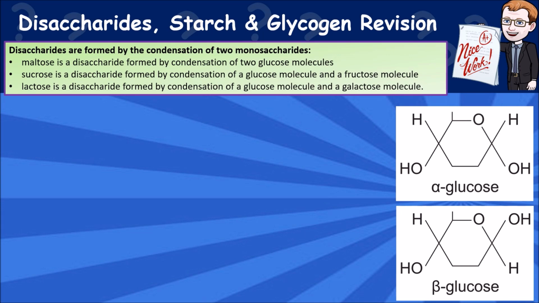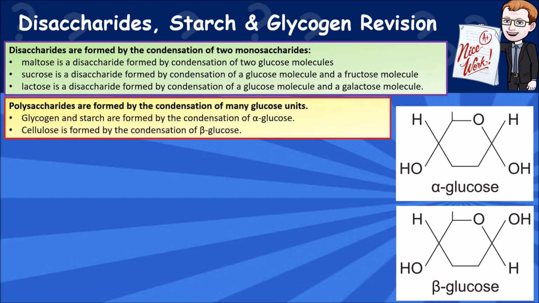So disaccharides are formed by condensation reaction between two monosaccharides. Some examples might be maltose, sucrose or lactose. Polysaccharides are formed from a multitude of glucose subunits. So glycogen, for instance, and starch are formed from the condensation of alpha glucose molecules.